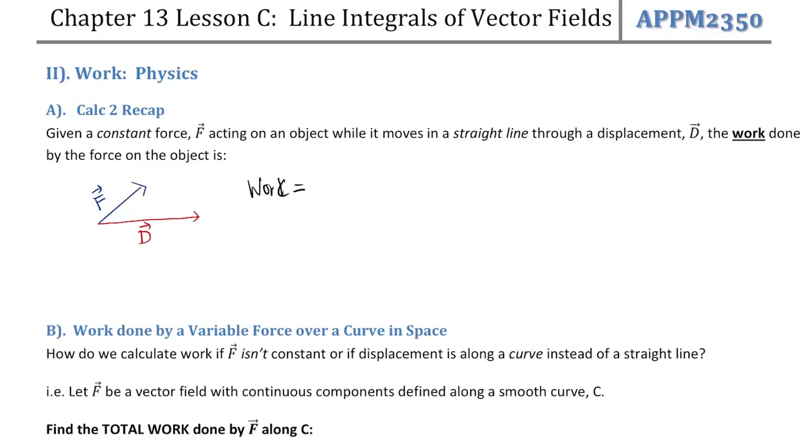And the difference is if the force is not happening in the exact same direction that you're moving, then we need to look at the component of the force that is moving in that direction. So we're going to take this scalar component, which comes directly from projection here.